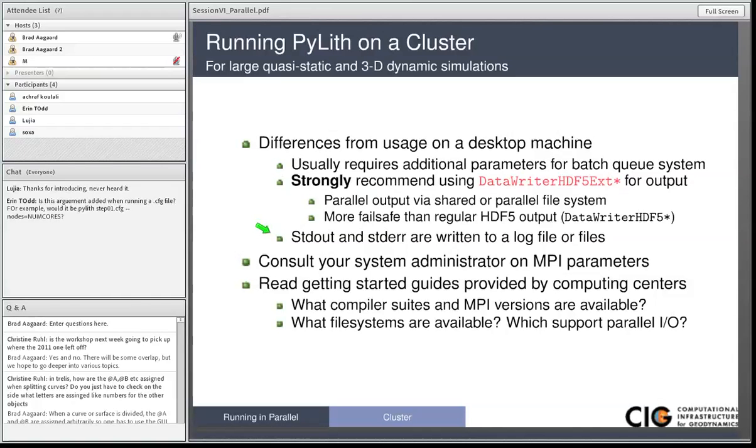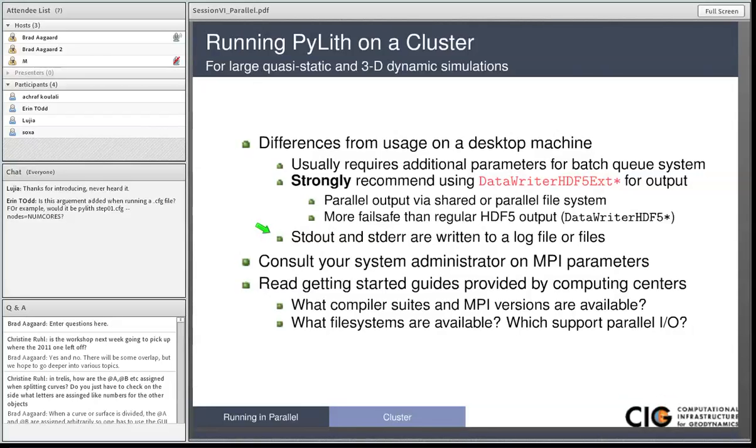Some batch systems will put that log file in your working directory. Others will put it in some temporary directory on the compute node, and then copy that back to your working directory once the job is done. So in some cases, it's impossible to see where you are in the run until the job finishes. In some cases, you can poke around if you can log into those compute nodes and find out what's going on. I'll show you one way to do that on the cluster here.